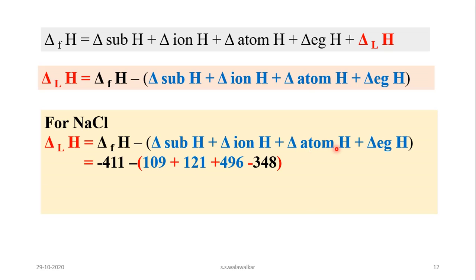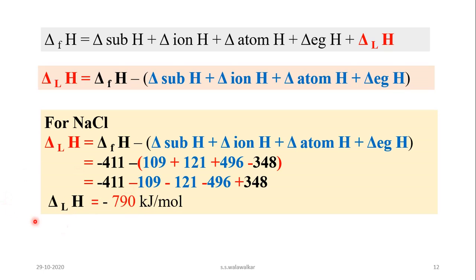Enthalpy of atomization of chlorine is 496, and electron gain enthalpy is always negative. So electron gain enthalpy is minus 348 kilojoules. So if you add all these and subtract it from minus 411, then it becomes how much? Minus 790 kilojoules. This is the enthalpy of formation.